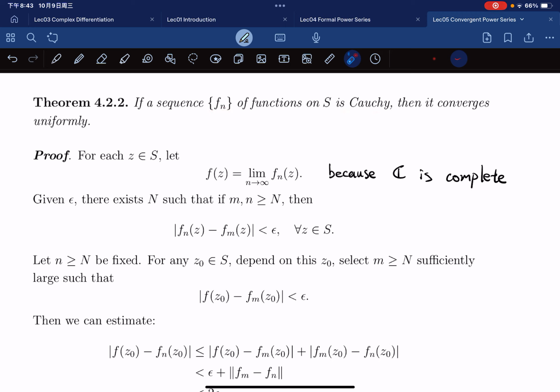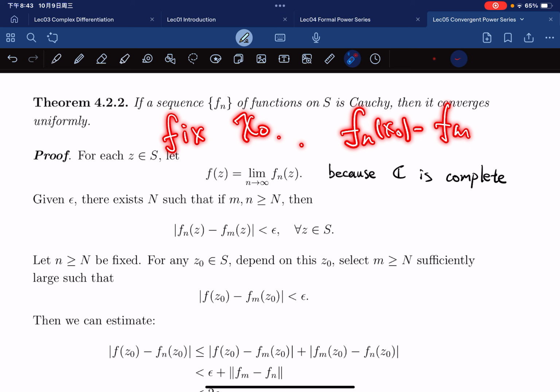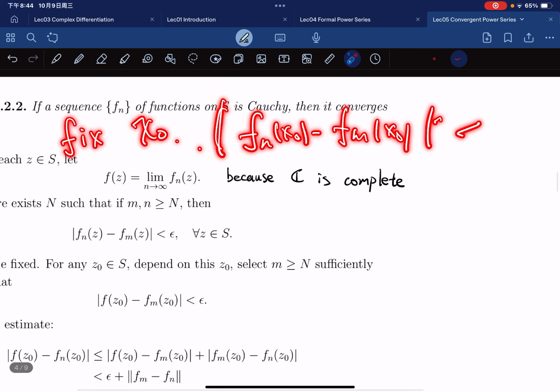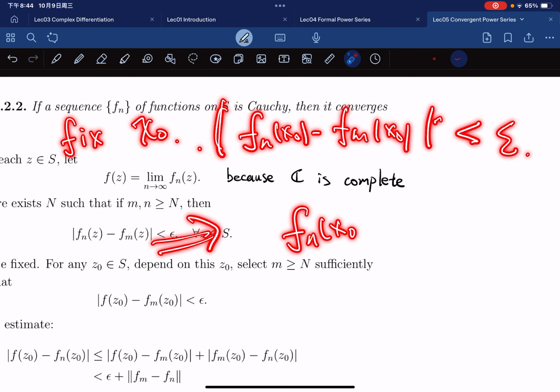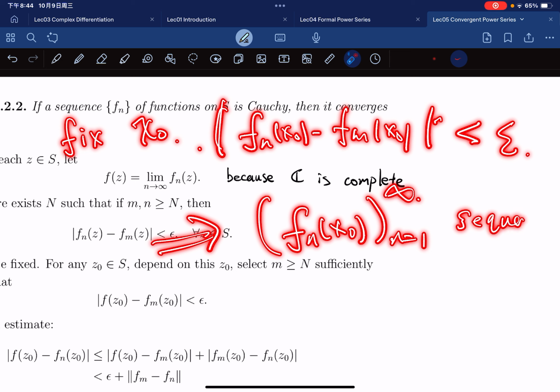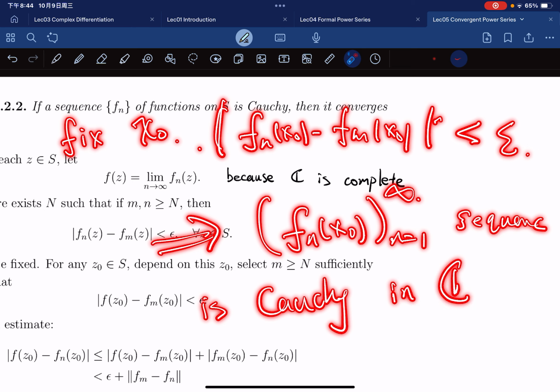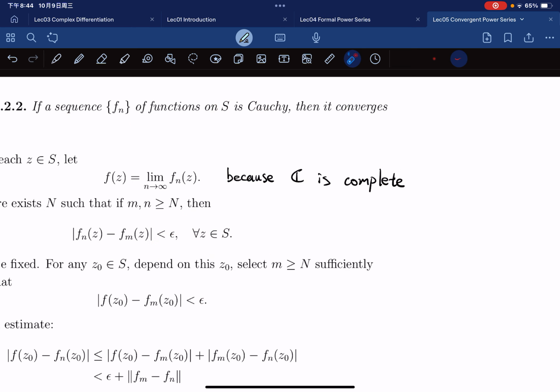If we fix an x_0, we can make |f_n(x_0) - f_m(x_0)| less than epsilon, which means that the sequence f_n(x_0) is a Cauchy sequence in C, but C is complete, so it has a limit.